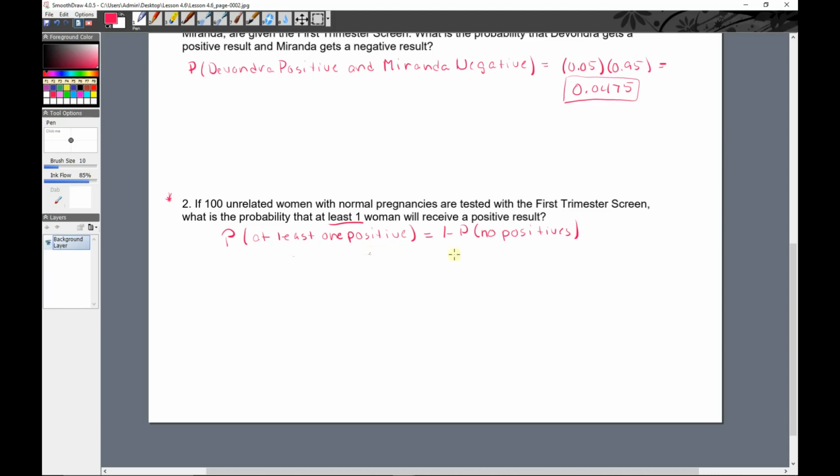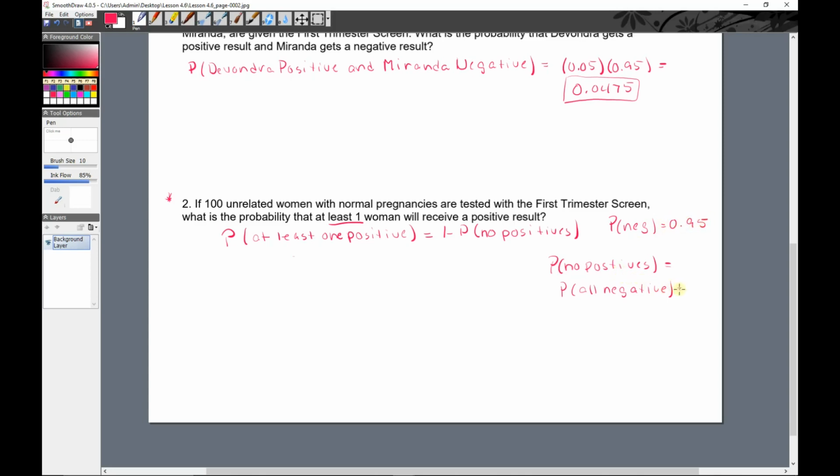So let's do the probability of no positives. Isn't that going to be equal to the probability of all negative? And the probability that anybody was negative, let's write that down for our use, was 0.95.